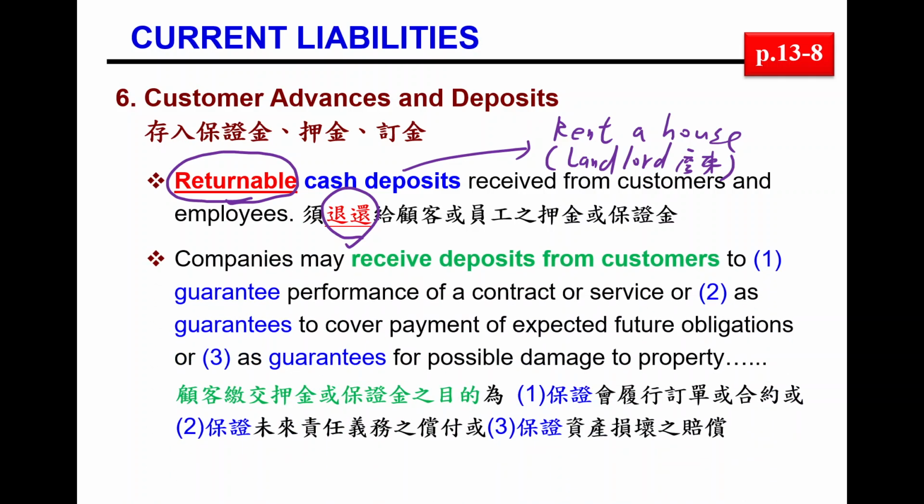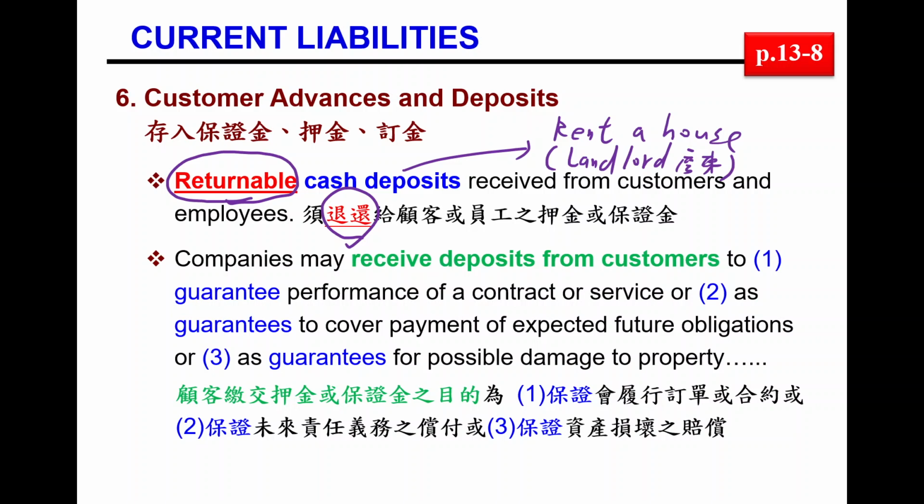So it's quite common, like what? Renting a house, or have you ever rented or borrowed something from the school? Maybe the school will ask you to pay a deposit, maybe your student ID card, or maybe your money. All of these are about guarantees. For the landlord, why does the landlord ask you to pay 1 month deposit?